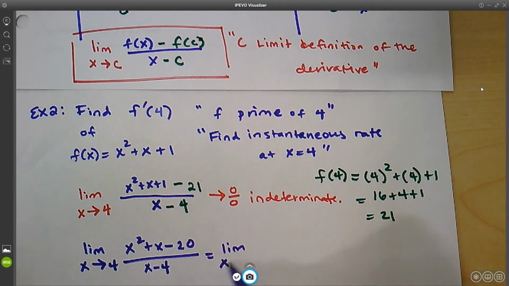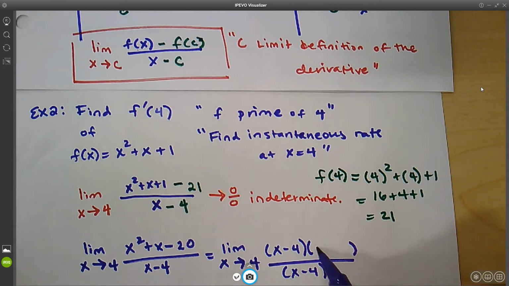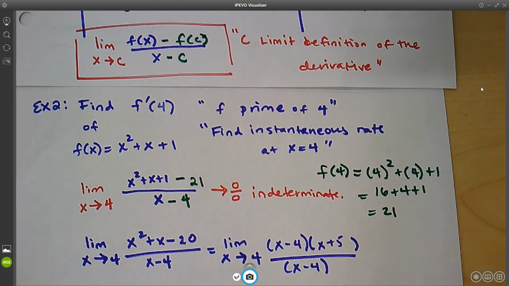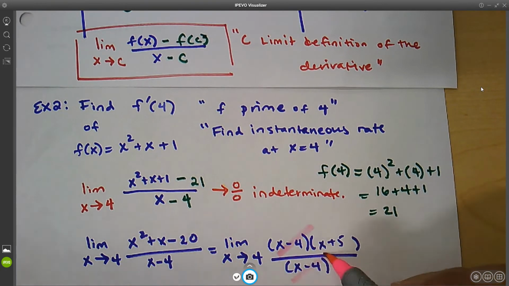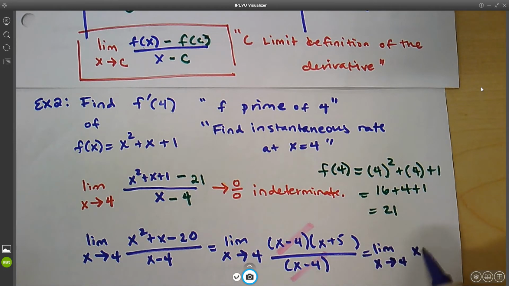And then the top should factor out nicely, like that. Which then these simplify out. And you're just evaluating the limit as we approach 4 of x plus 5.